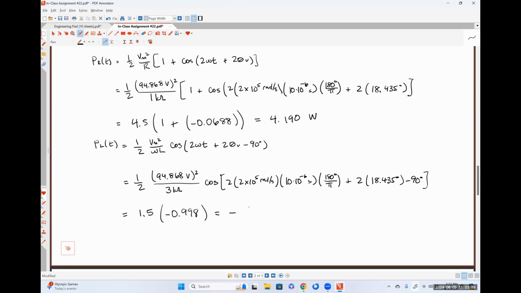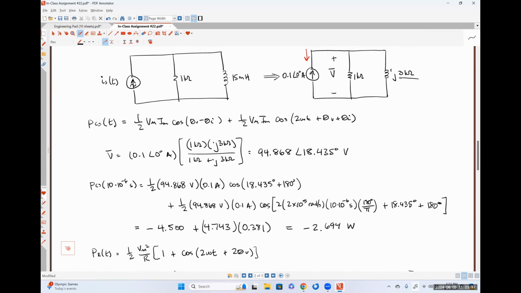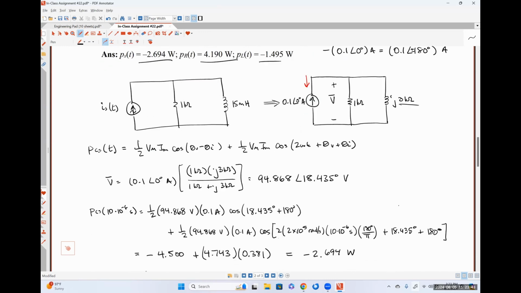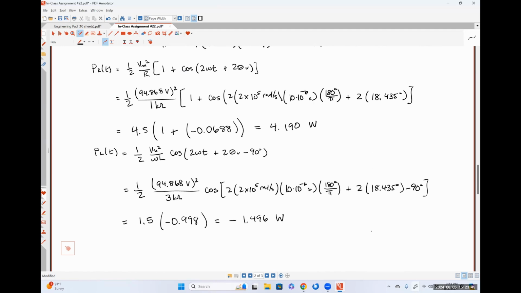And I get negative 1.496 watts, which got a little bit of rounding error, but that's close enough for me. Any questions regarding this particular calculation?